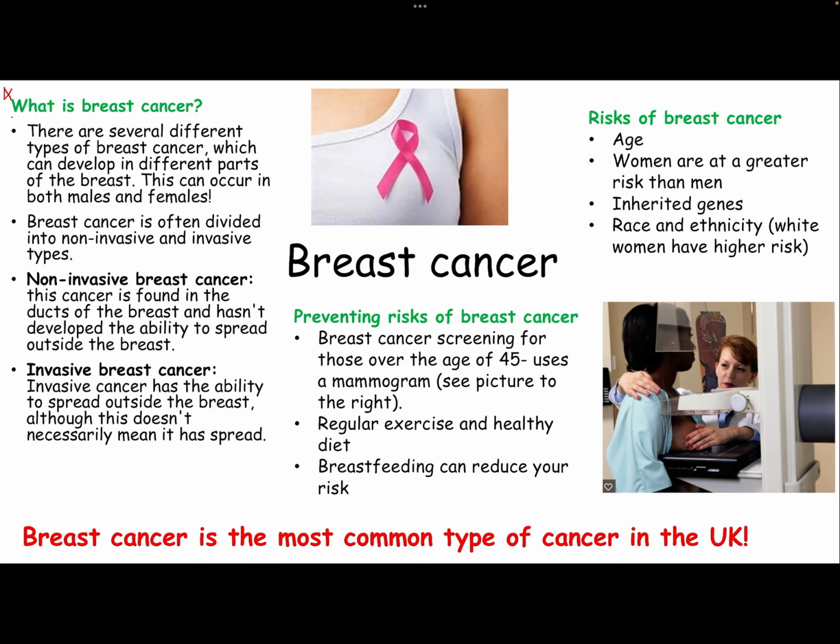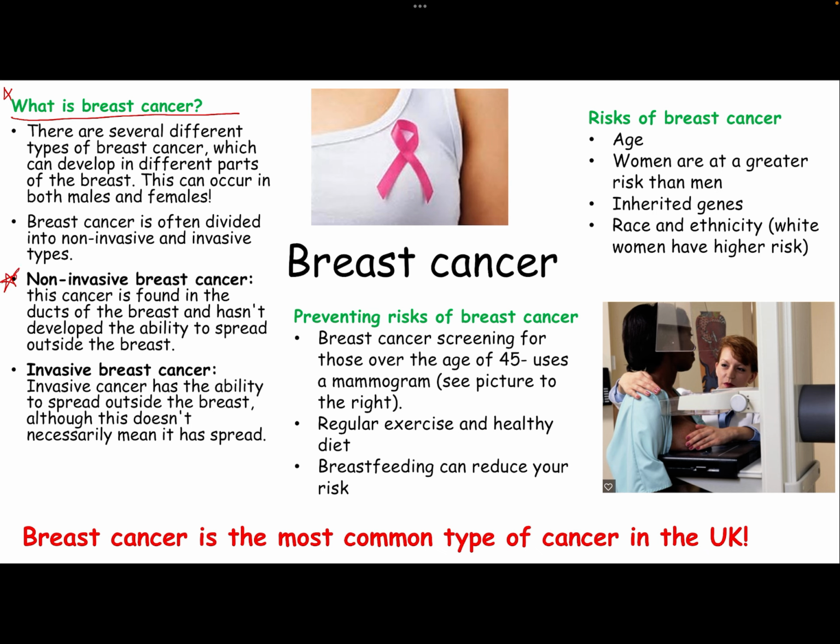Next is what is breast cancer? So breast cancer is another one that can be quite fatal. There are several different types of breast cancer which can develop in different parts of the breast. This can occur in both males and females. Breast cancer is often divided into non-invasive and invasive types.